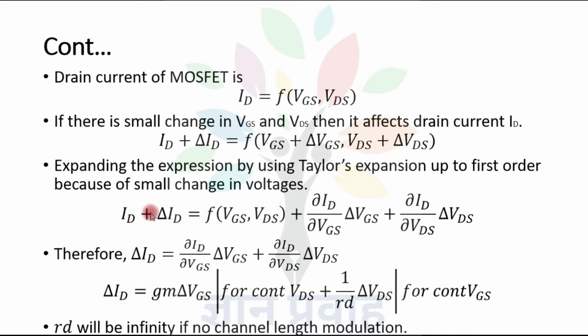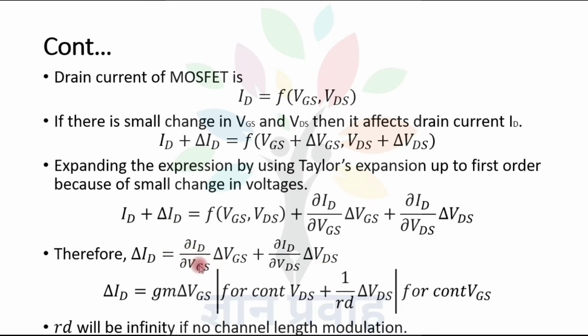So ID plus delta ID equals ID plus delta ID upon delta VGS times the small change in VGS, plus delta ID upon delta VDS times the small change in VDS. It means the small change in ID current is delta ID upon delta VGS times the small change in VGS, plus the VDS term, because this term is equal to ID and here ID, so both are cancelled out. The remaining terms are here.